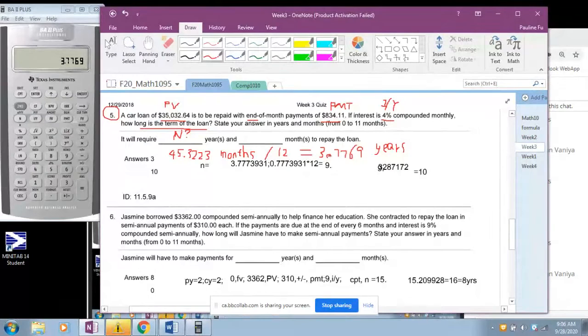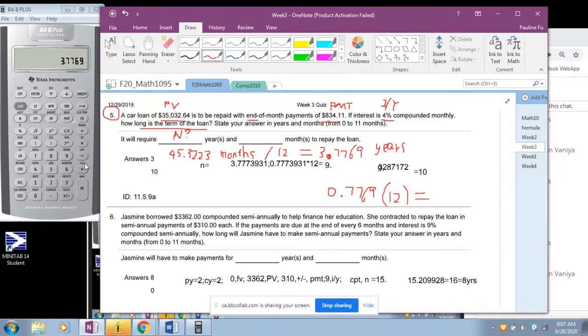So obviously it is 3 years. How many months? You have to use 0.7769 and multiply by 12 to get months.